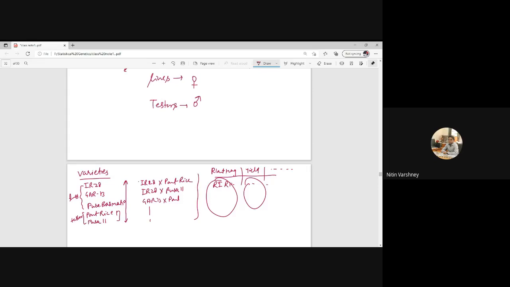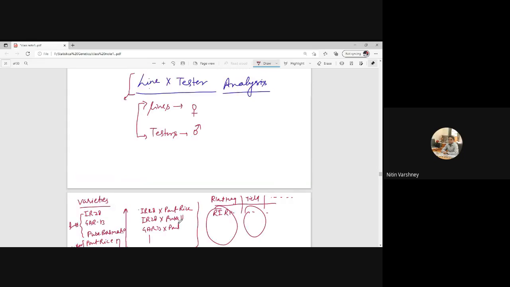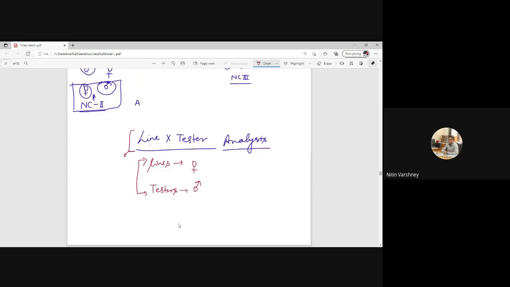Likewise, we will do the experiment and see which combination is producing good results. On this basis, we can conduct a line into tester experiment. This line into tester mating type is given by Kempthorne.